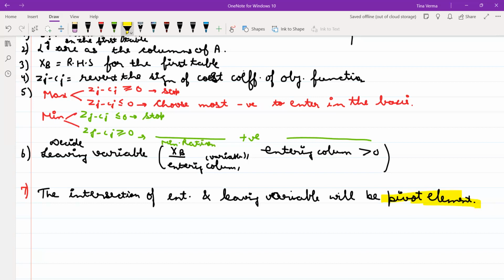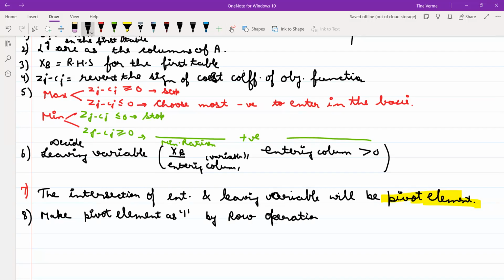Is it clear? Once you have decided your pivot element, then make the pivot element 1 by row operation, that is, divide the same row by the pivot element. Divide the concerned row with the pivot element.